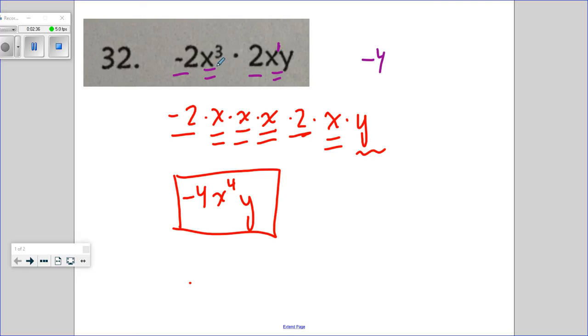You're really doing x times x times x times x, so you have 3 x's and one more x being multiplied, so you would add these two exponents, 3 plus 1, to get x to the fourth power, and then you're left with times y. That's the little shortcut that I don't think you're ready for until you understand it in the expanded way of showing it.